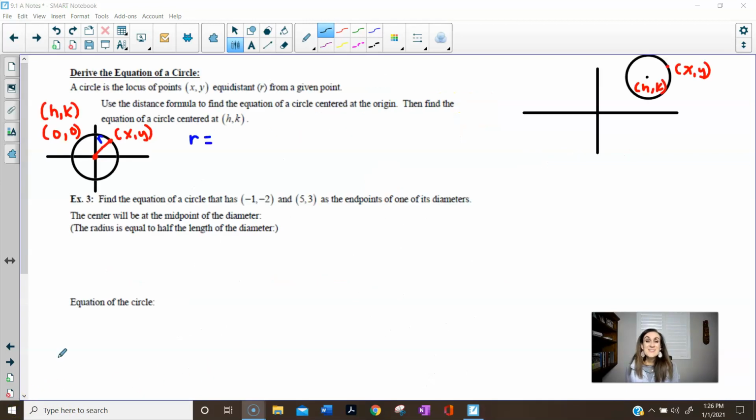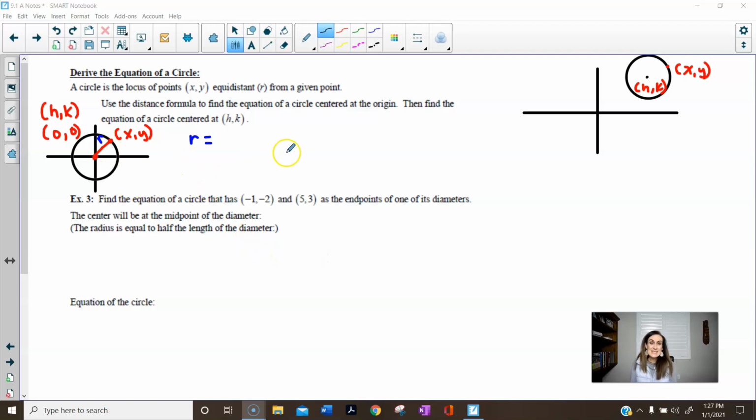I'm going to derive the equation of a circle. A circle is the locus of points (x, y) that are equidistant from a given point. The given point is going to be here in the center of the circle. So we're going to look for the distance from the center out to the side of the circle, which is actually called the radius.